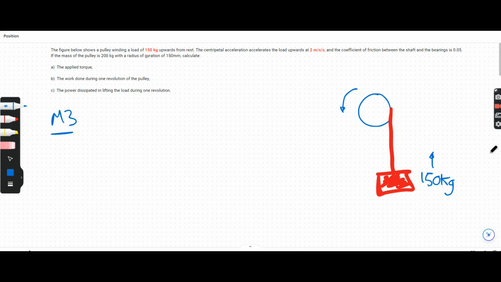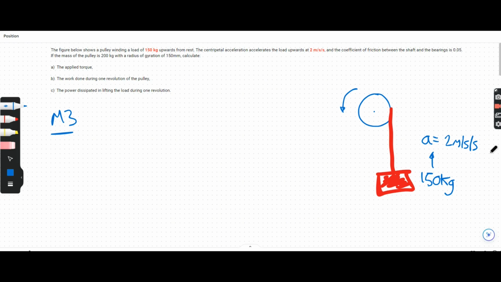The acceleration due to that is making this load go up. The linear acceleration of this is 2 meters per second squared. That's the linear acceleration, going straight up. So this pulley is rotating and lifting this 150 kilogram load.